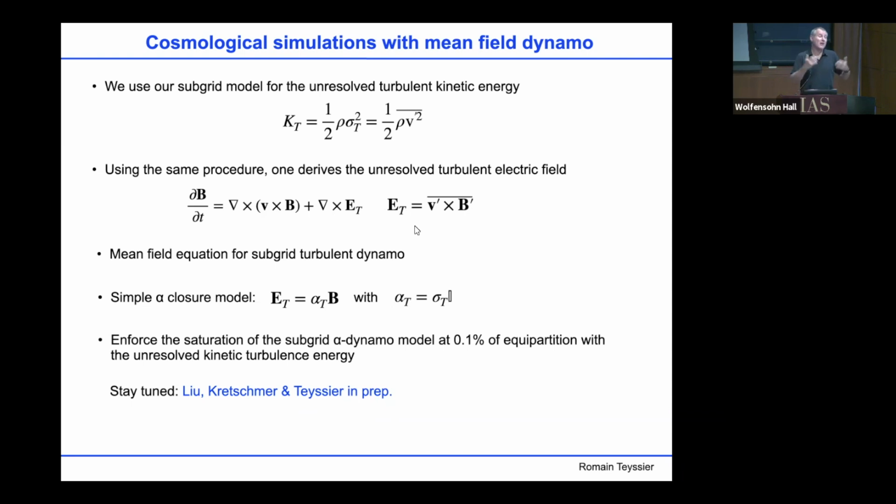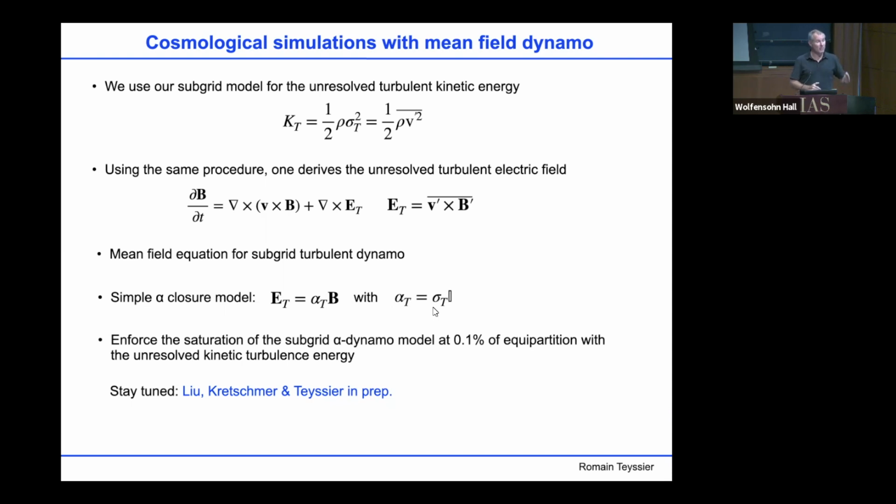And now the whole game, of course, is how do you model this turbulent electric field? And so we need a closure model. In what we have done here, with a lot of caveats, of course, we use the so-called alpha closure model, where we multiply the mean field B by an alpha tensor. Right? And we took this tensor to be proportional to the identity matrix. And the level of the turbulence, sigma t, is used to normalize this tensor.